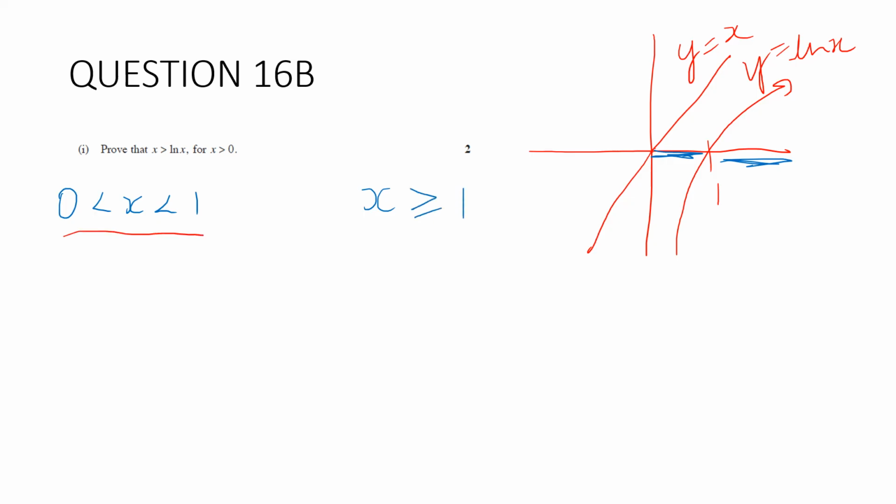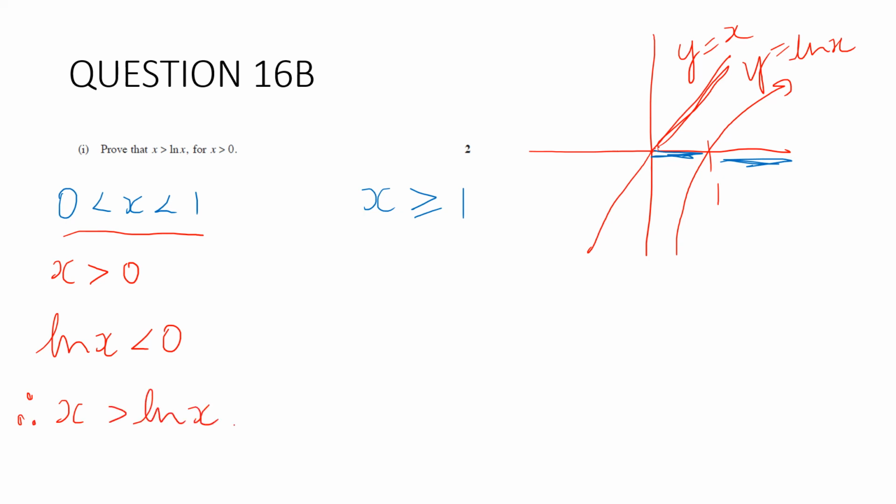In between 0 and 1, x is greater than 0. You can see that from the graph. But ln x is less than 0. So in this particular domain, x is greater than ln x.